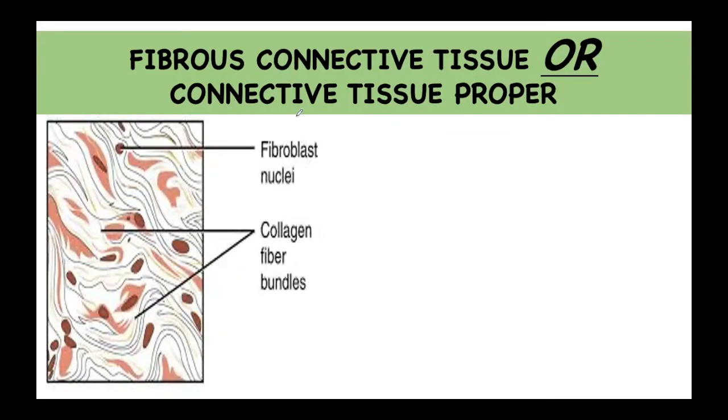Fibrous connective tissues or connective tissue proper, they are made up of bundles of collagen fibers. Here you can see in the diagram given. So basically they function as packing and binding of organs. So their main functions are packing and binding of organs.